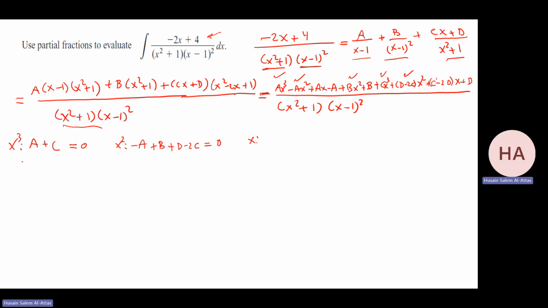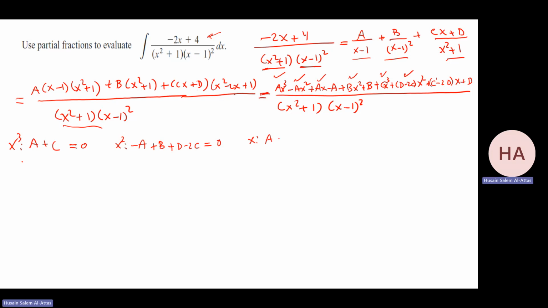Now the coefficient of x. Okay. Coefficient of x gives me what? I have A, plus C minus 2D plus C. I'm taking this tick so that I'm sure I'm not missing anything.